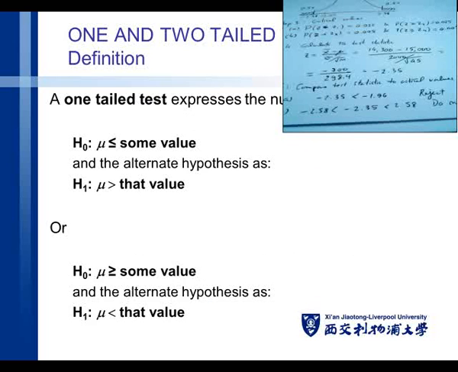Or the null is that the population average is greater or equal to some value, and the alternative is smaller. Remember, the equal sign always goes with the null hypothesis. To the point where some books state this with just an equal sign, rather than smaller or equal.